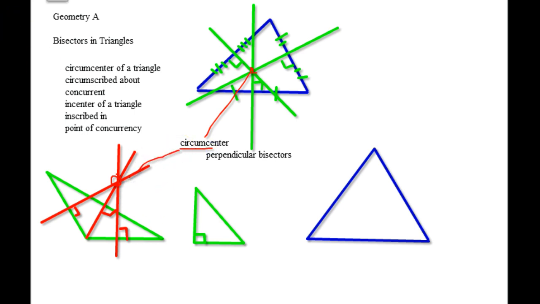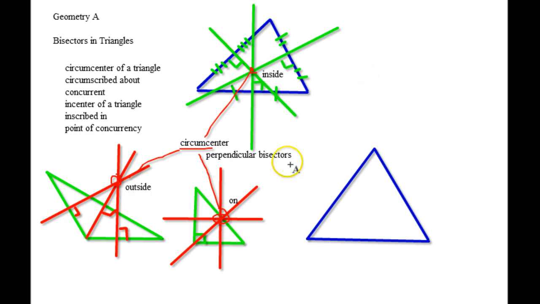Now inside of a right triangle, our perpendicular bisectors will go like this. And amazingly enough, I know mine's off a little bit, but the circumcenter will be on the actual triangle. So this is outside, this is on the triangle, and this is inside the triangle.